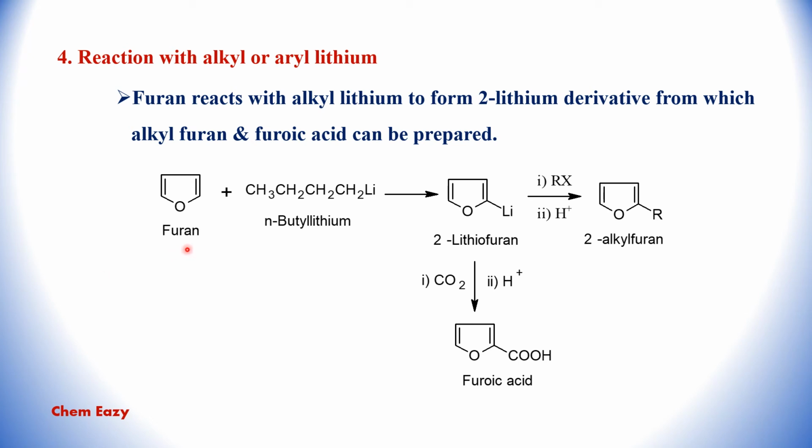See this reaction, furan with n-butyl lithium, which is one of the alkyl lithiums, produces 2-lithiofuran. From this 2-lithiofuran, we can produce 2-alkyl furan by treatment with alkyl halide. In another way, from this 2-lithiofuran, we can make furoic acid by treatment with carbon dioxide.